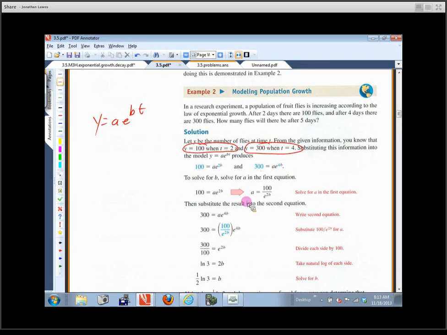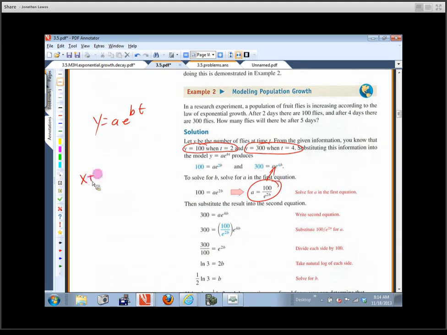And then we start solving this, okay? On this one, they went ahead and solved for b. They solve for a in the first equation, so they're going to figure out what b is by getting one of them by themselves. They get the a by itself, and then they take this and plug it in right there. So this is kind of like solving a system of equations.